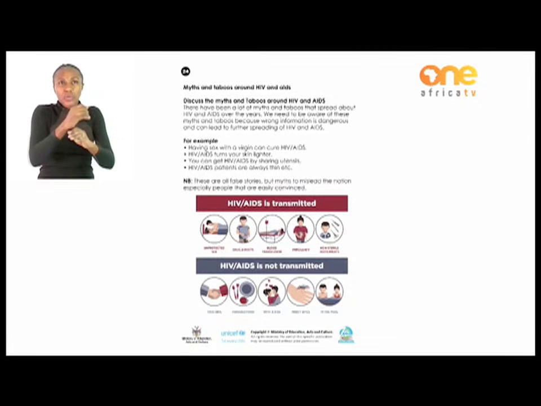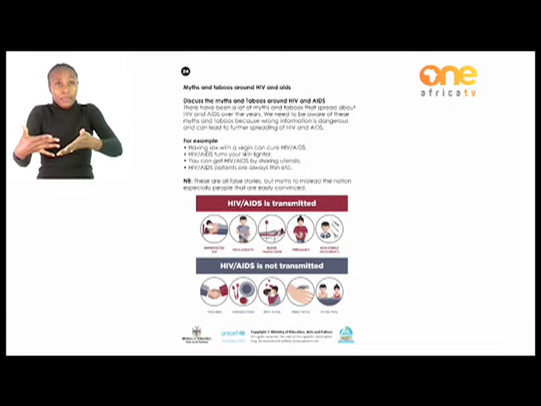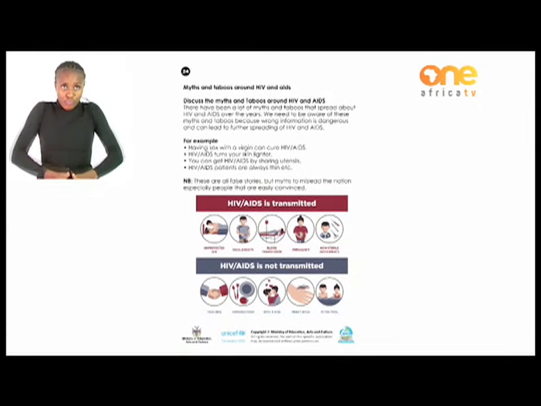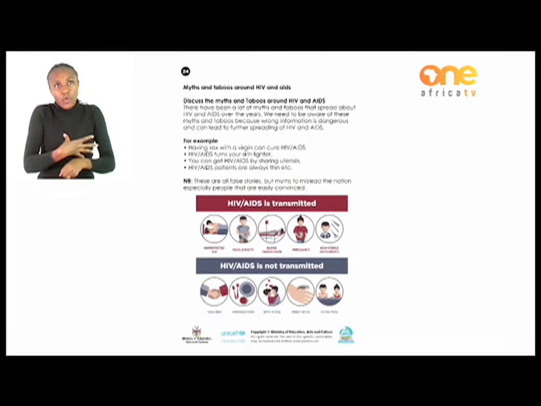So you are most likely to engage in unprotected sexual intercourse or share needles that may contain blood. And we all know that HIV lives in bodily fluids such as blood. Blood transfusion. Mother to child transmission of HIV can be during pregnancy, at birth, or through breastfeeding.